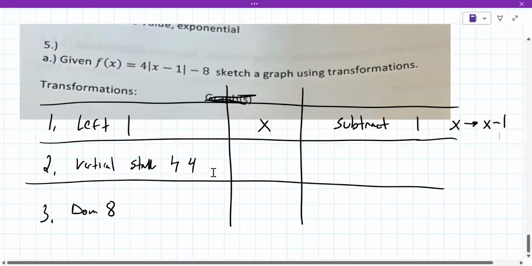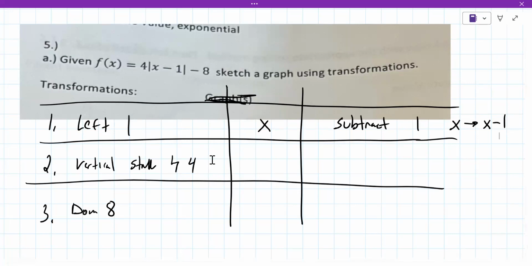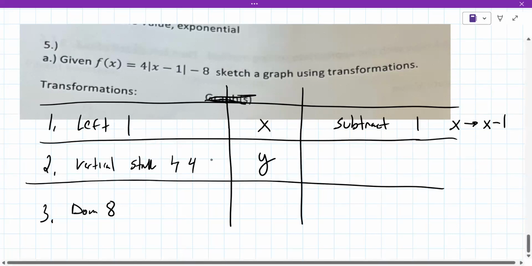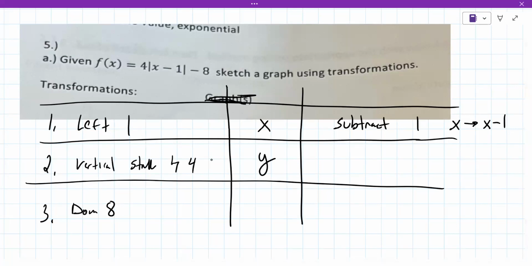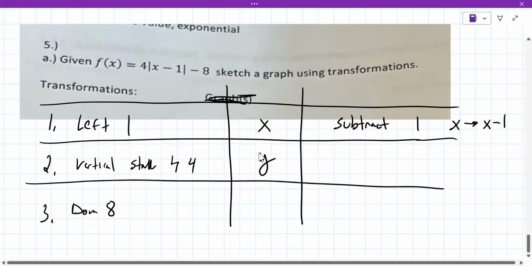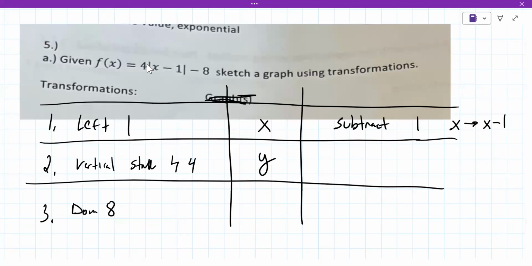Vertical stretch by 4, does that affect the X or the Y? Y. Okay. And then down 8. On the Y, do you remember what a stretch does? We haven't covered it today, but that number in front, do you remember what it does to the Y? I don't know.